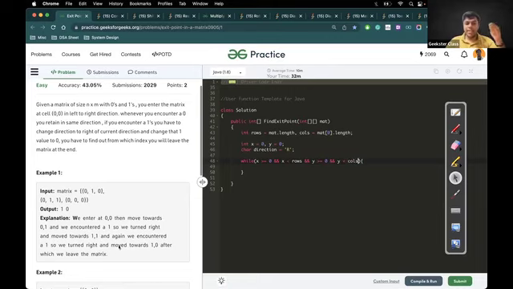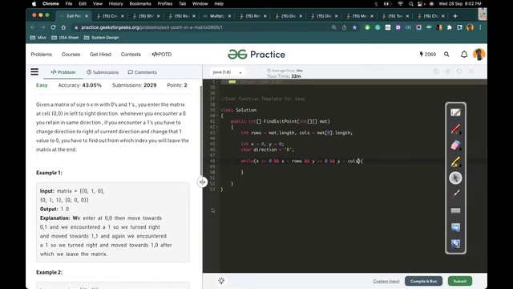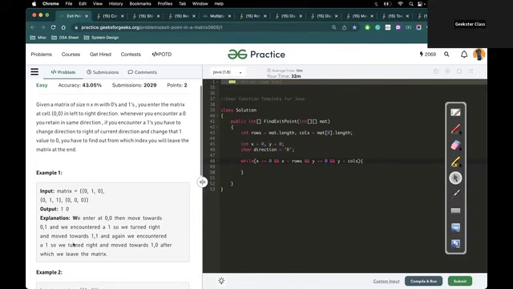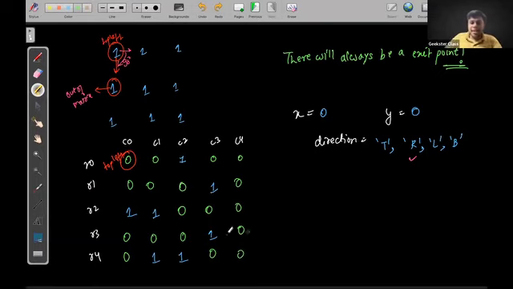So these are the 4 conditions when we can say we are within the matrix. Okay. So is this much clear?